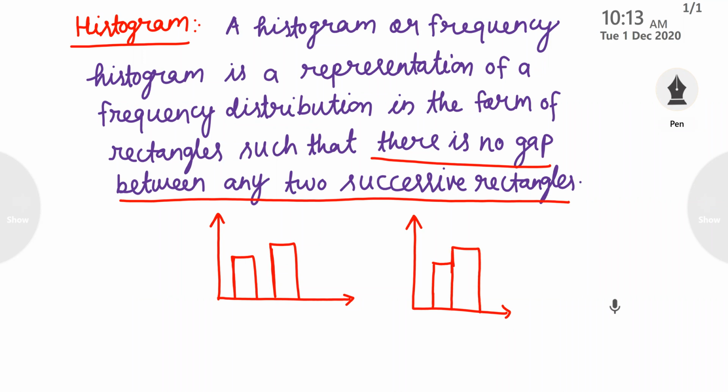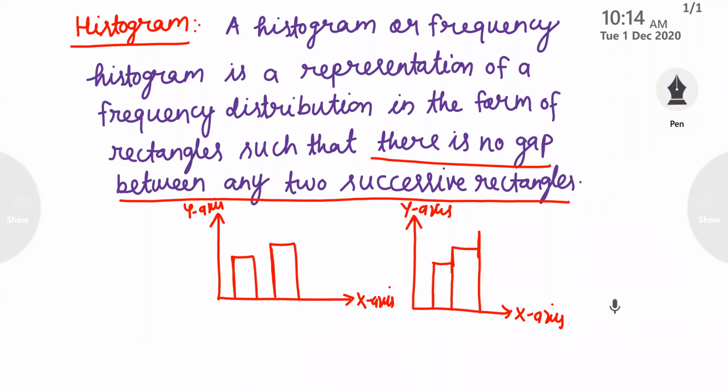There is no gap between two successive rectangles. You are observing the difference between these two graphs. First graph is a bar graph and second graph is a histogram. How are we identifying this is a histogram? Because in the first figure there is a gap between two bars, but in the second figure there is no gap between two bars.